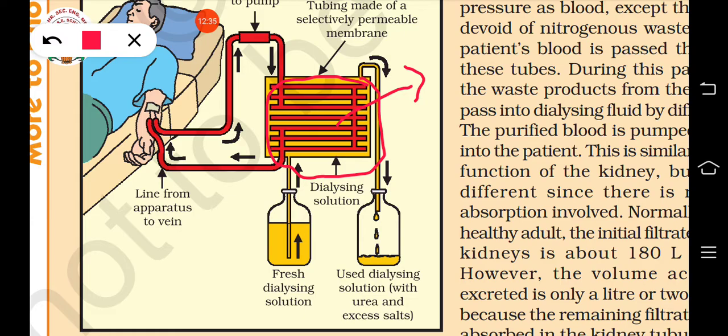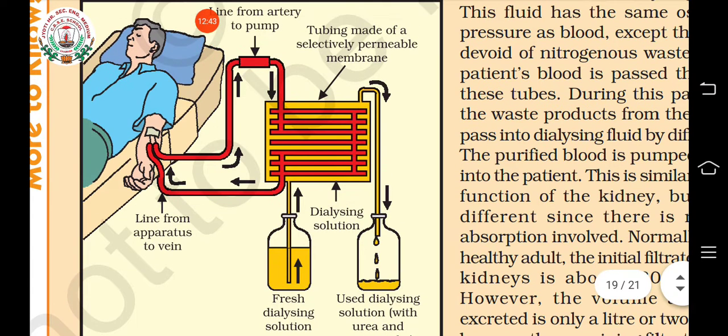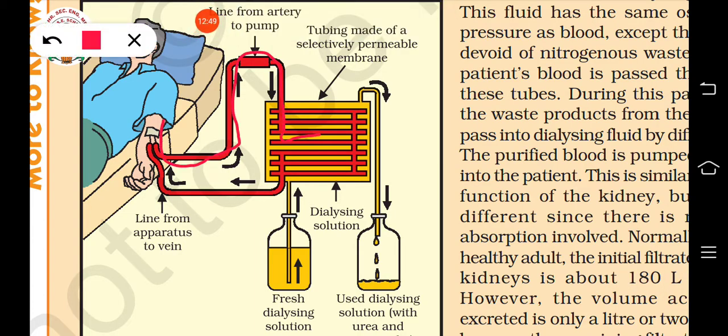Do you remember selectively permeable membrane? They allow only a few molecules to pass across. The blood from the patient will be taken out and passed through these tubes, and after passing through, it will be collected again and enter back into the patient's body.